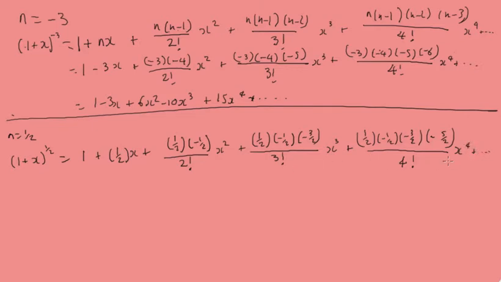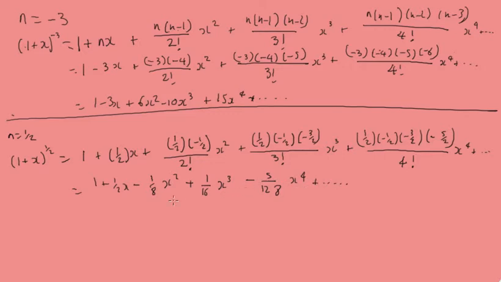So again, we've got this infinite series, and if we work out all those values, you'll have 1 plus a half x, minus an 8th x squared plus 1/16 x cubed minus 5 over 128 x to the power 4 plus so on and so forth.